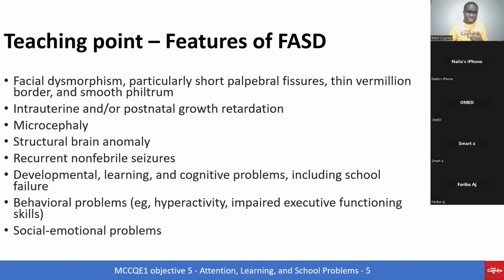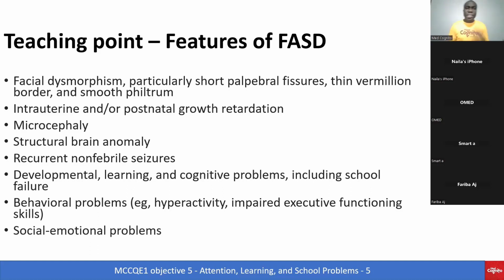Number 1, facial dysmorphism. When I say facial dysmorphism, the features on the face, please memorize these: short palpebral fissures, a thin vermilion border, so up here, smooth philtrum.